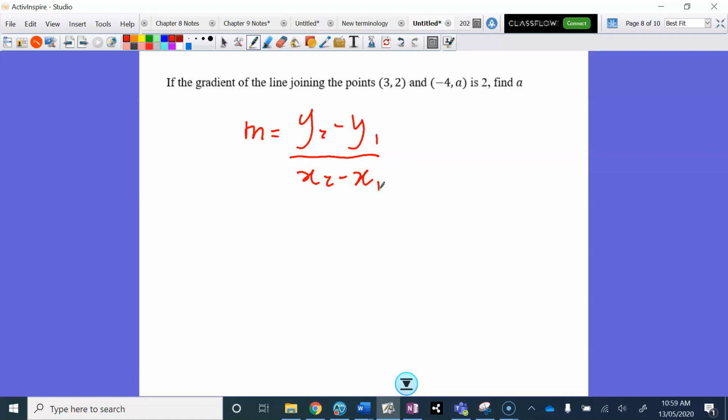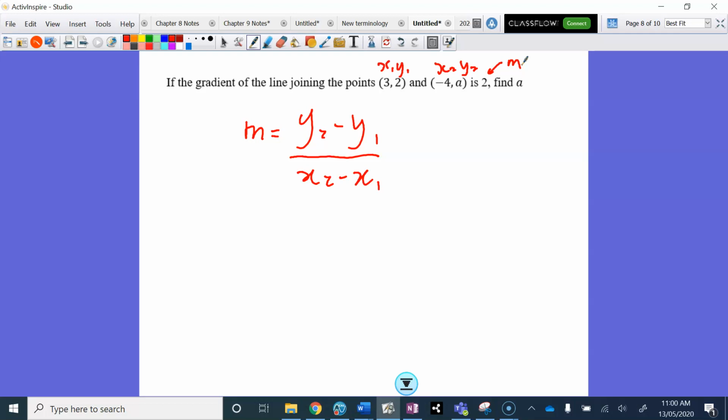So if I substitute in values for y2, y1, x2, x1, and m, so in my question you can see I know x1, if this is point 1, and y1, and I know x2, if this is point 2, and this is y2, and this 2 is m, the gradient is 2. So I have values for every single thing I need in that formula.